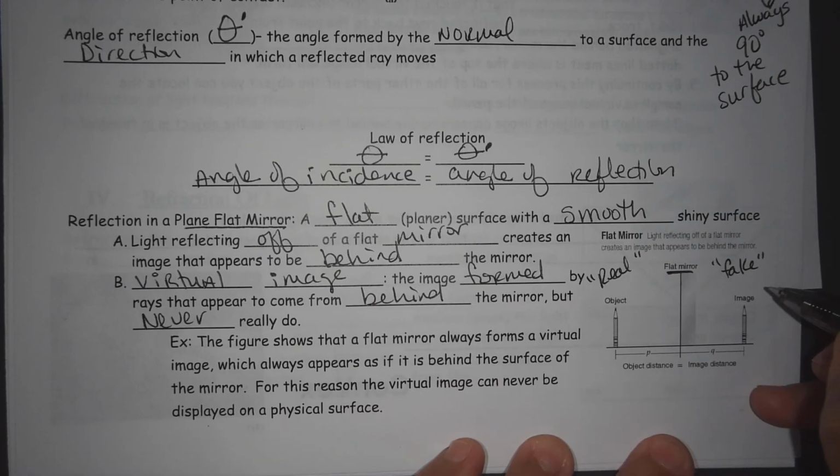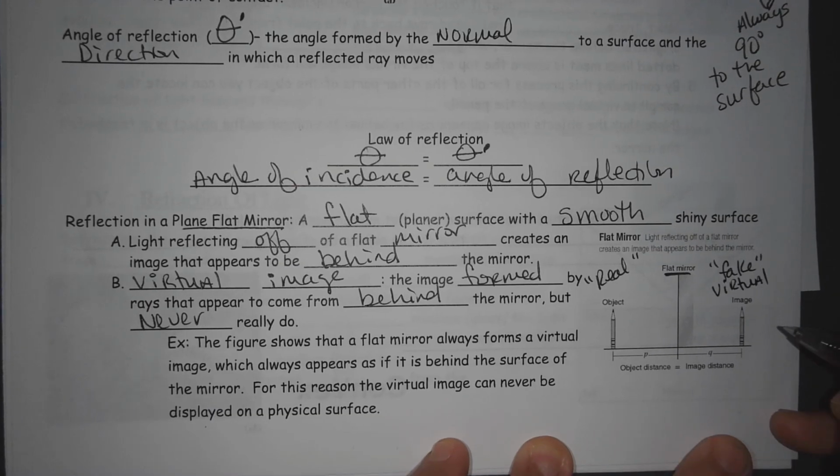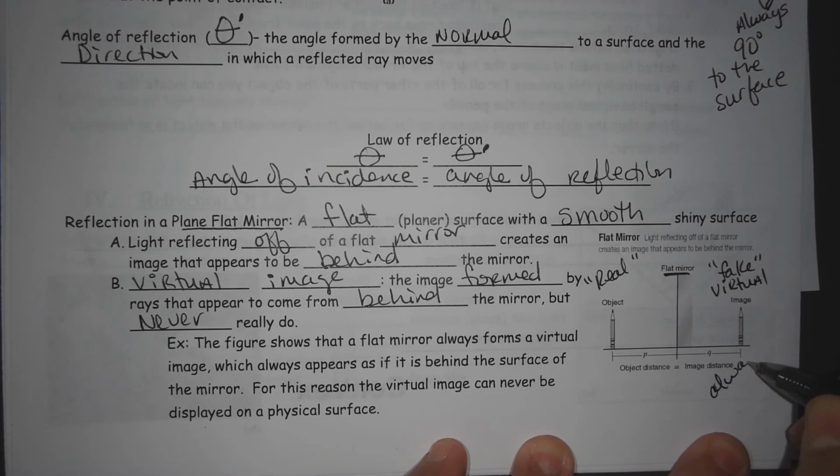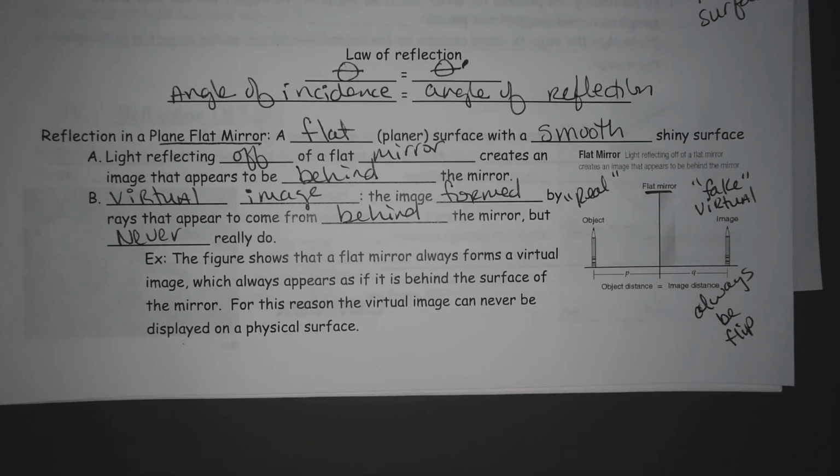It's going to produce a fake virtual image that will always be flipped. Let me give you an example. I can come over here and take a selfie, right? To where my camera is facing me.